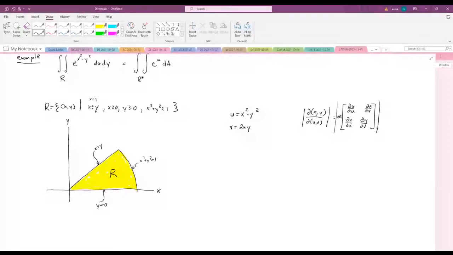We're going to differentiate both sides of equations 1 and 2 with respect to u and then v. So differentiate equation 1 with respect to u, assuming that x and y are implicitly functions of u.